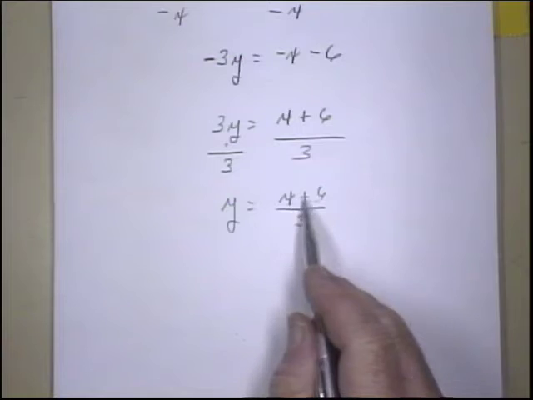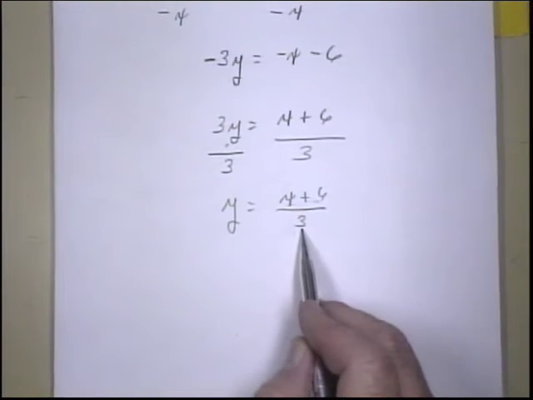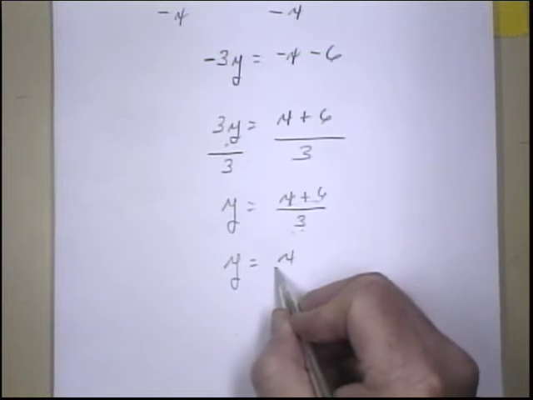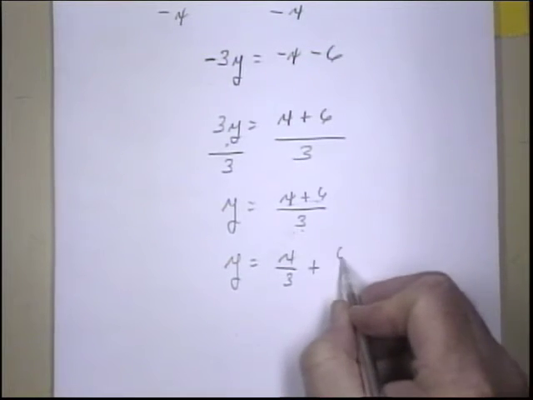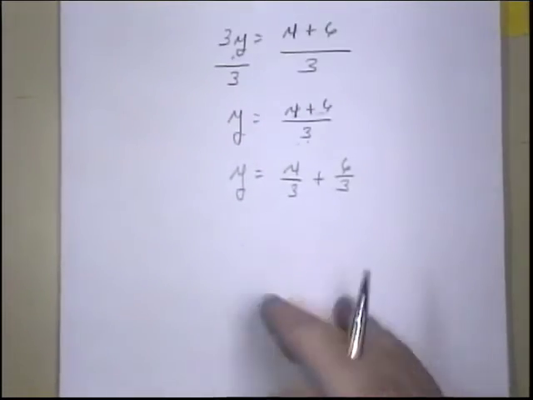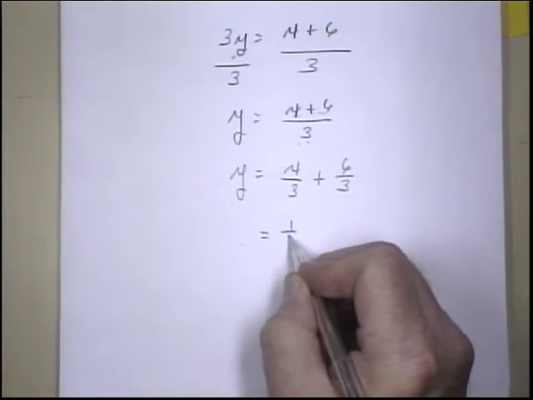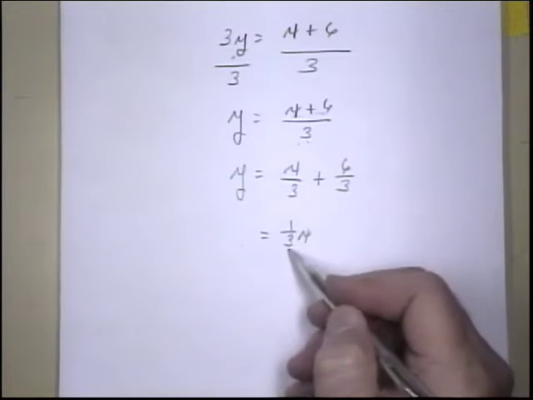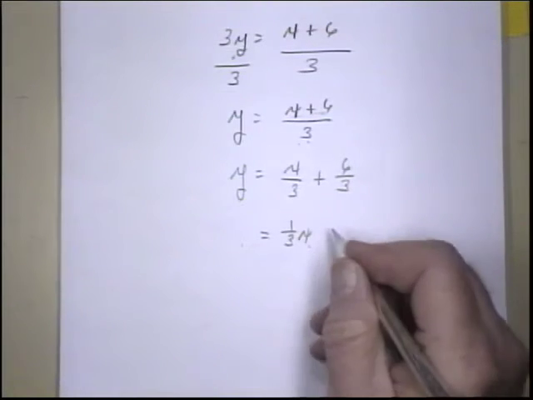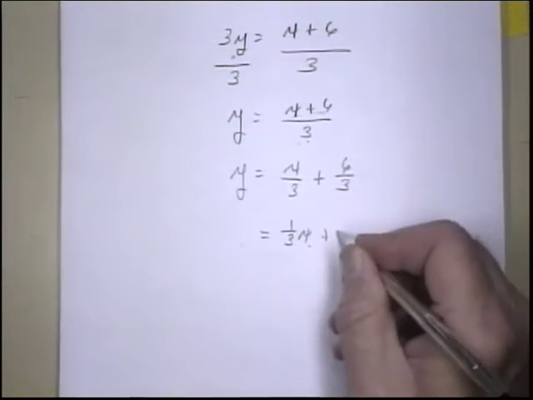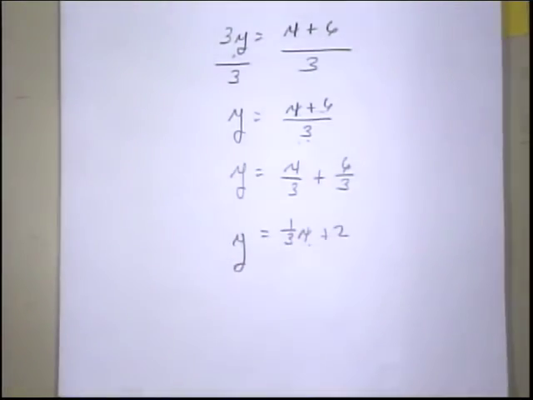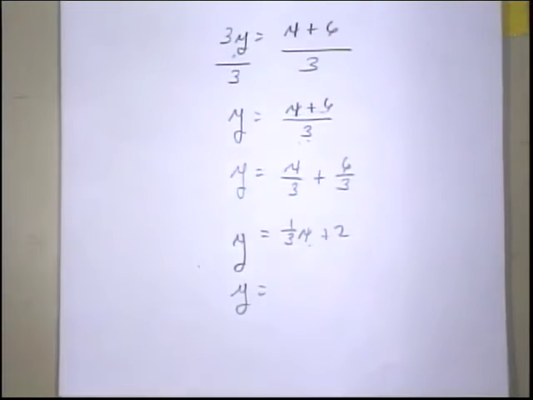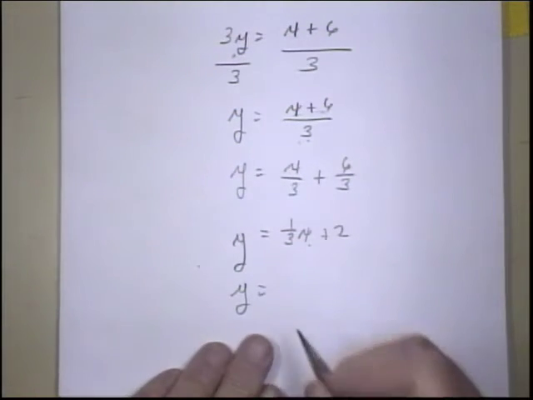This is just a fraction with a common denominator. So we can split this up into two fractions, x over 3 plus 6 over 3, which is 1/3 x, right? x divided by 3 is 1/3 times x, plus 6 divided by 3 is 2. So notice that we have this in the slope-intercept form for a line.